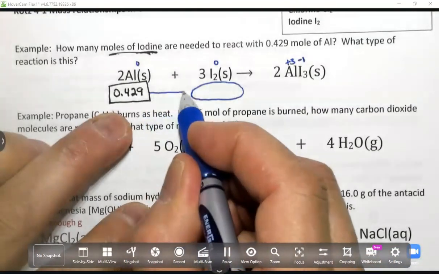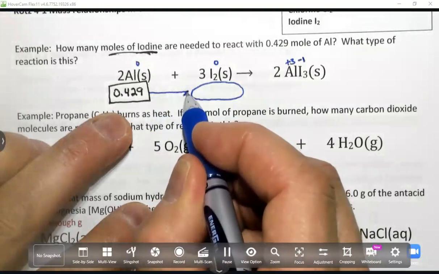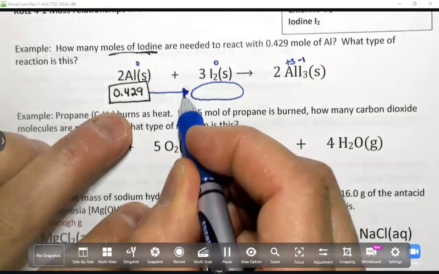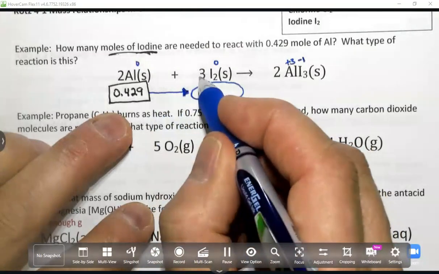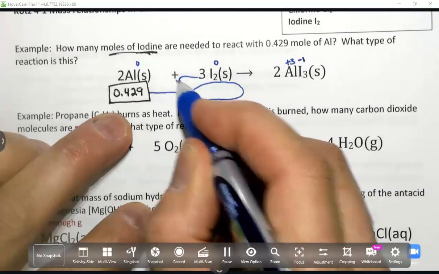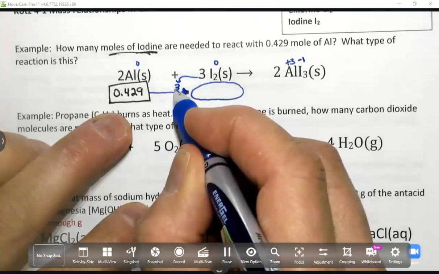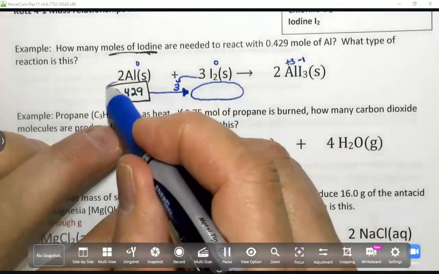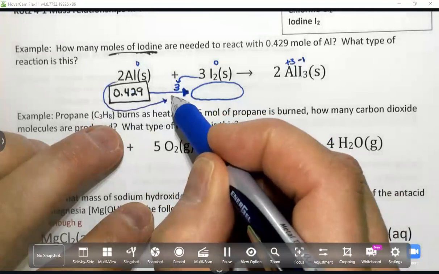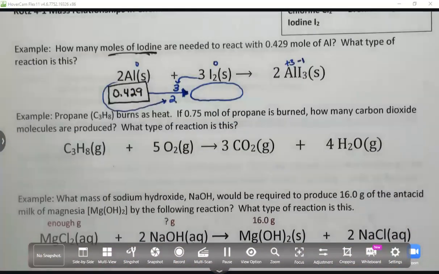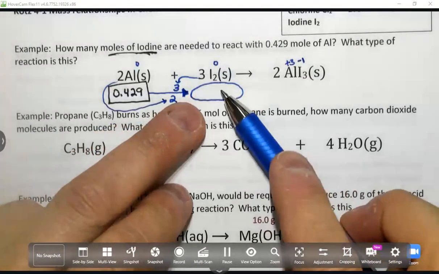Now, we just draw an arrow. When you draw your arrow and point your arrow to the moles you're trying to figure out right here, the balanced equation moles number goes on top. 3. What you're coming from goes on the bottom. You're just making the mole ratio fraction. You're just doing the ratio. That's it. Please look at the simplicity of this. I need to figure out how many moles of iodine.